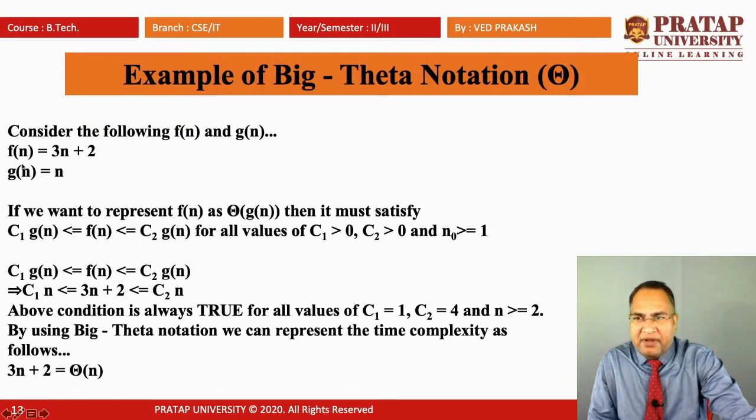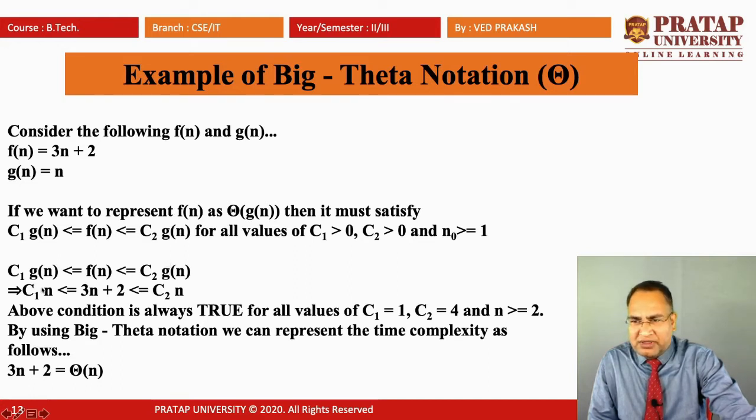Here we take F(n) equals 3n plus 2 and G(n) equals n. According to the definition of big theta notation, we have to follow the given conditions. If we want to represent F(n) as theta of G(n), then it must satisfy these conditions: C1 G(n) less than or equal to F(n) and F(n) less than or equal to C2 of G(n) for all values of C greater than 0, C1 greater than 0, C2 greater than 0 and n greater than or equal to n naught.